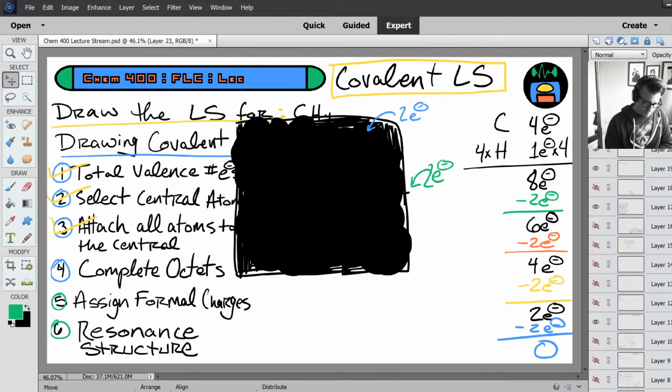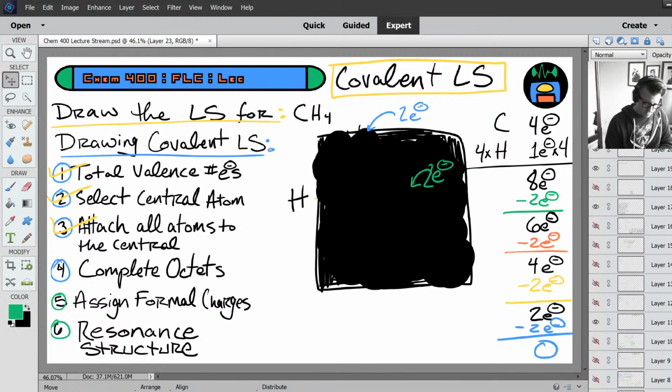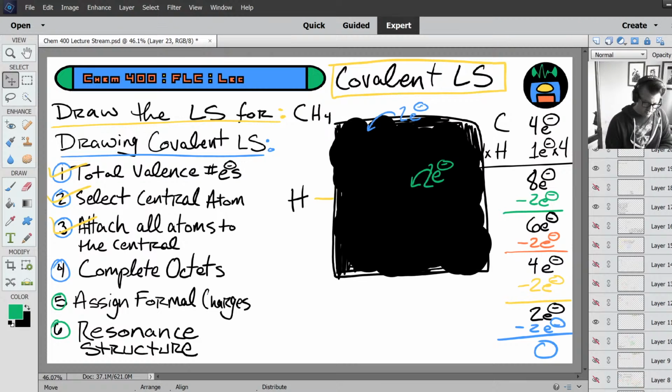What about this hydrogen over here? Well, this hydrogen has access to the 2 electrons in that bond, so its octet rule is satisfied.